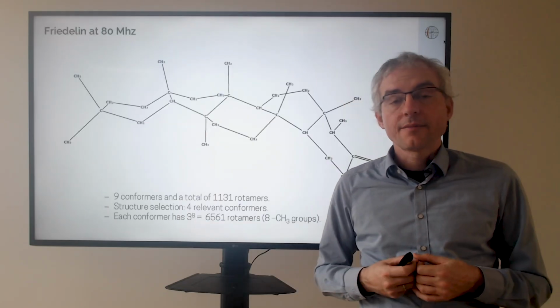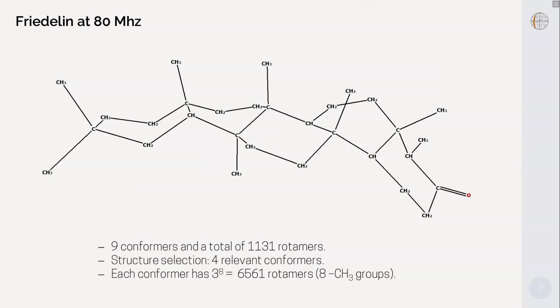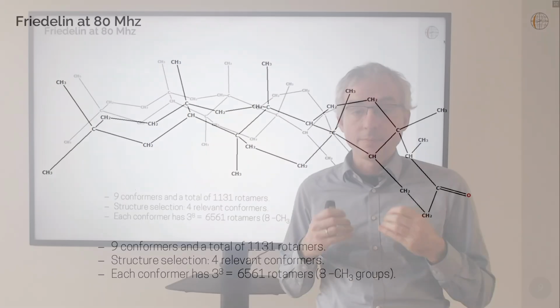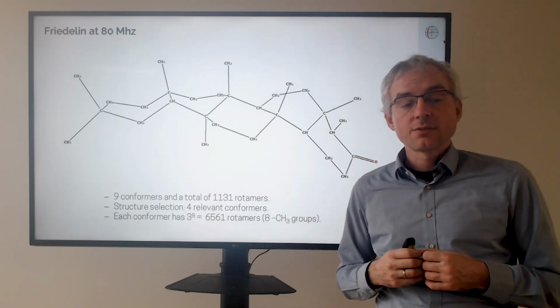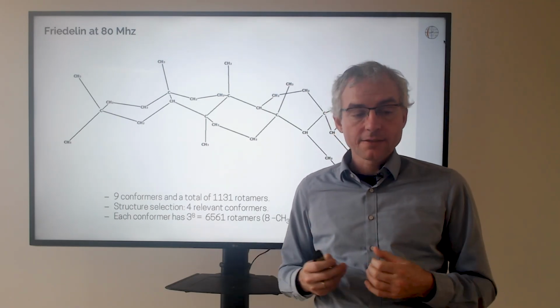I want to show how we solve this with this molecule, fridolin, which has 50 spins. 50 spins is definitely far beyond any capability for a numerically exact solution. We also do this at 80 megahertz, so this would be done for a so-called low field device.